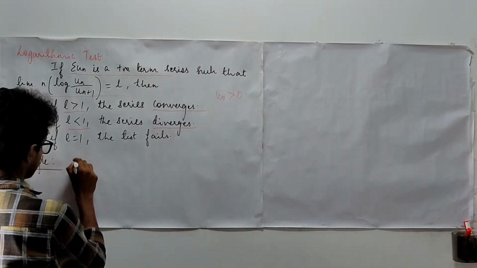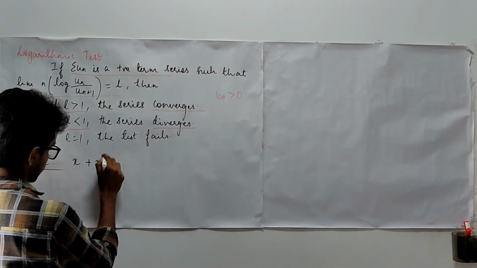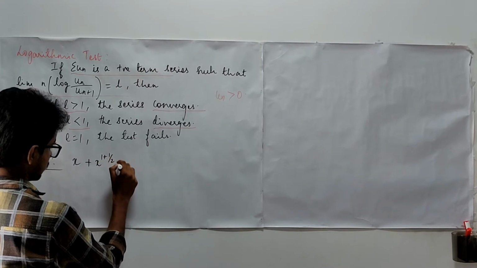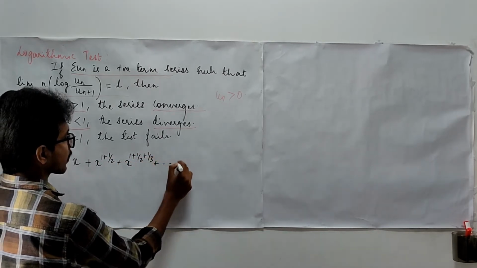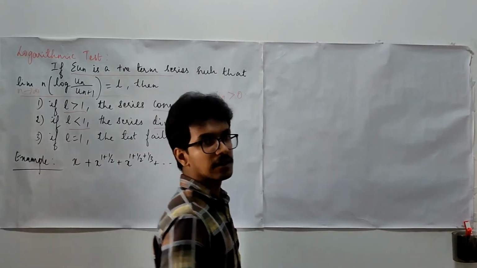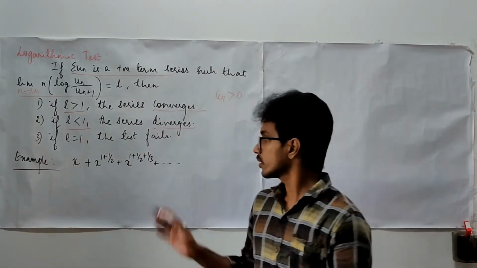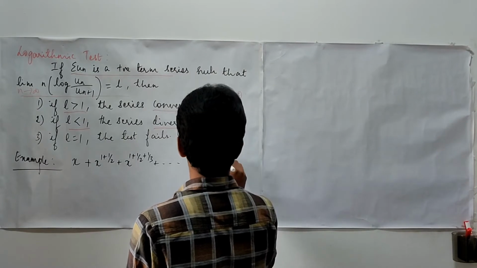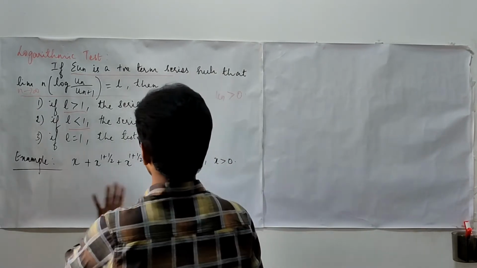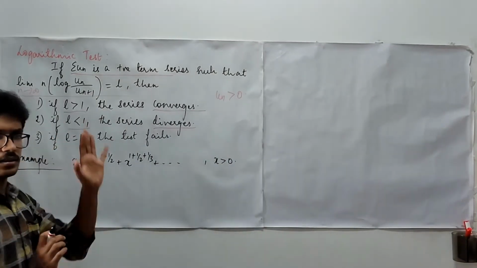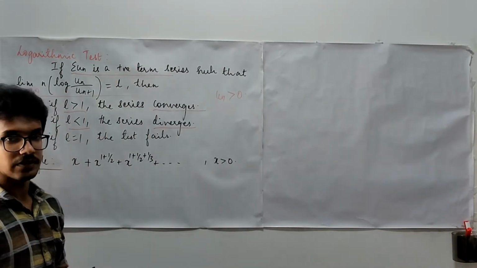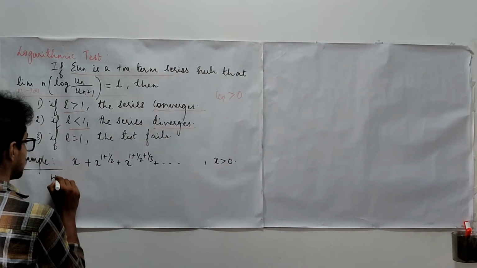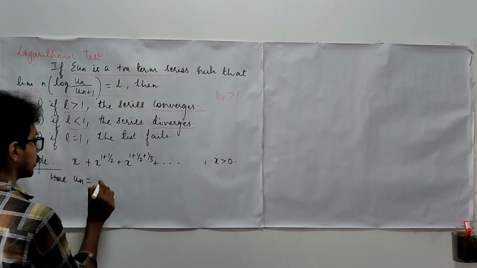Consider x plus x power 1 plus 1 upon 2 plus, and so on. This is the series that we are considering, right? Here you may choose your x to be positive so that it stays in this category. What is the general term un?